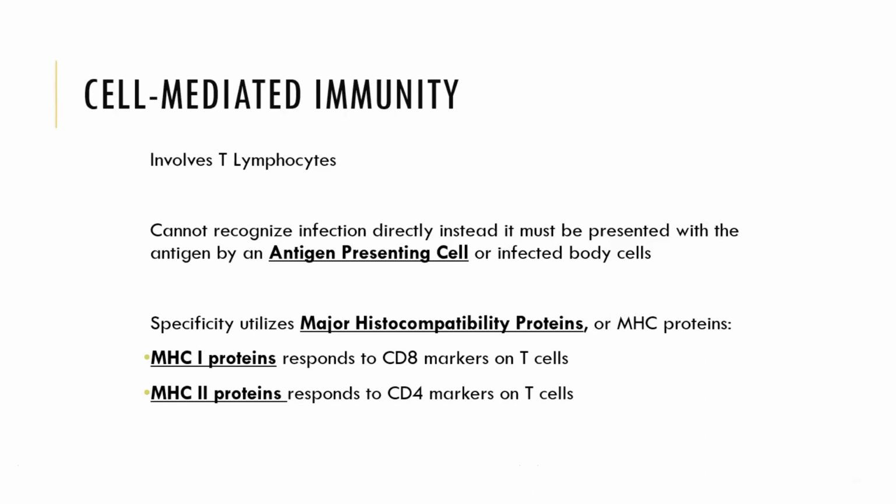Instead, the antigen is processed and then presented to the T lymphocyte. When the macrophages patrolling the body tissues encounter the foreign organisms, they engulf them by phagocytosis. Once the organism is inside the macrophage, the macrophage processes the antigen and exposes it on the surface of its own cell in combination with a certain type of protein.